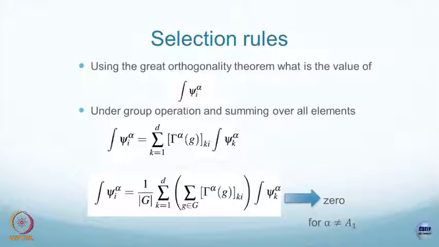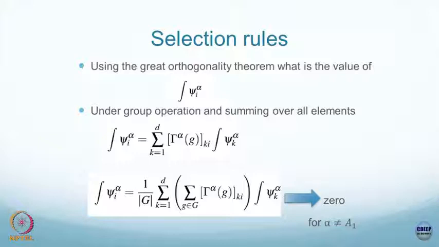Now tell me, if I just look at this one, you can use this great orthogonality theorem. Taking the other irrep to be your unit representation, then you will get delta alpha A1. Why?